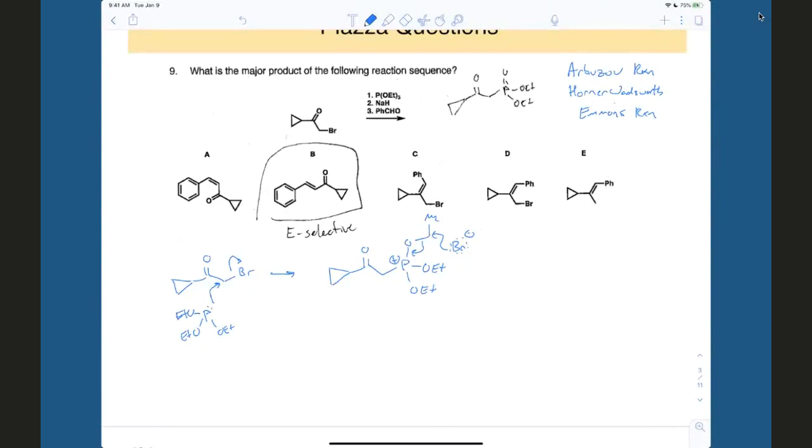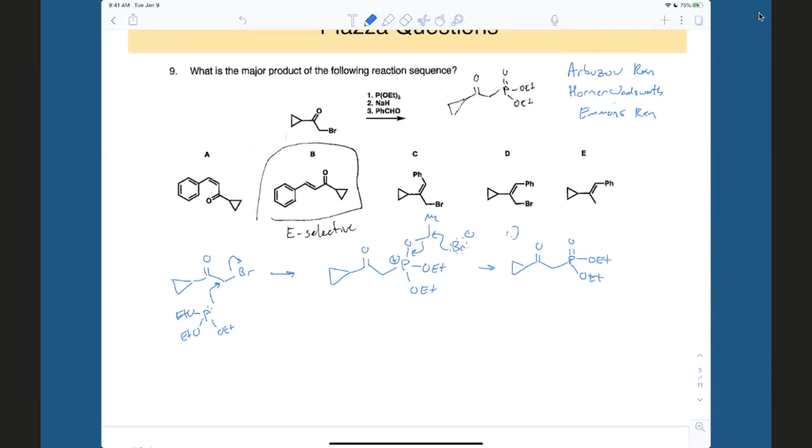So this will give the phosphorus more oxygen bonding. Phosphorus always makes strong bonds with oxygen. If you want to leave this as a plus minus, where a positive charge on the phosphorus and a negative charge on the oxygen, that is just fine as well. So this is the product of 1.